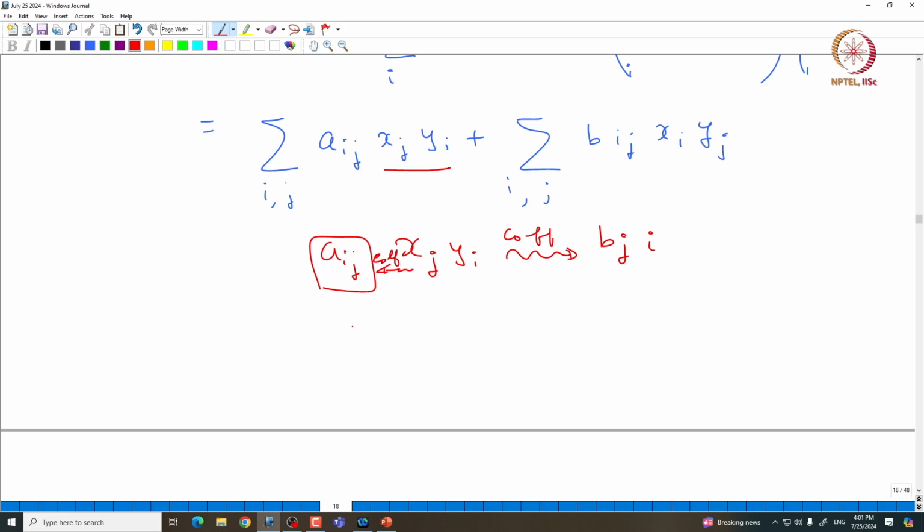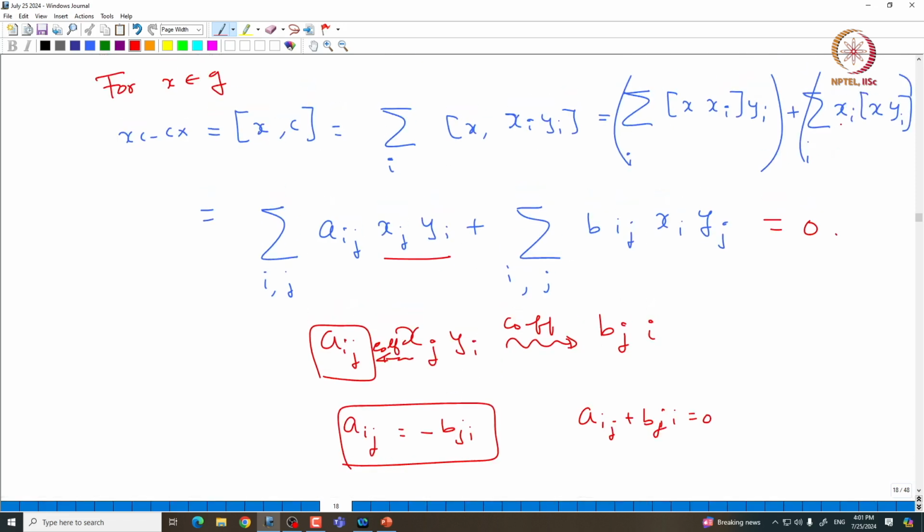Now, we already know that a_ij is the same as minus b_ji. Okay. So, that means when you add them you will get 0, a_ij plus b_ji is 0. So, that means this sum is 0. Okay. So, this proves that C indeed commutes with x for all x in G. So, that means C is inside the center.